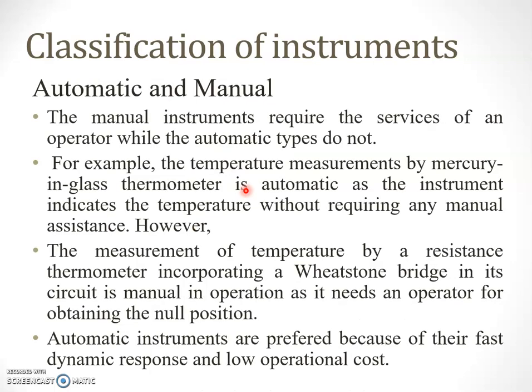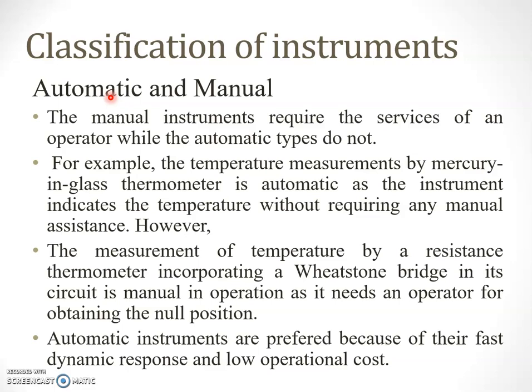Then we are moving to the next classification, automatic and manual instruments. A manual instrument requires an operator for measuring a physical quantity. A service person is always required for operating that particular instrument. We have to make certain arrangements or some adjustment for measuring.